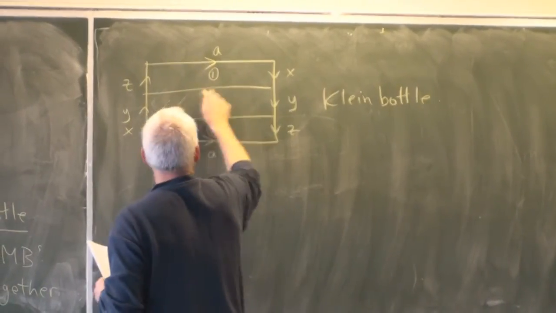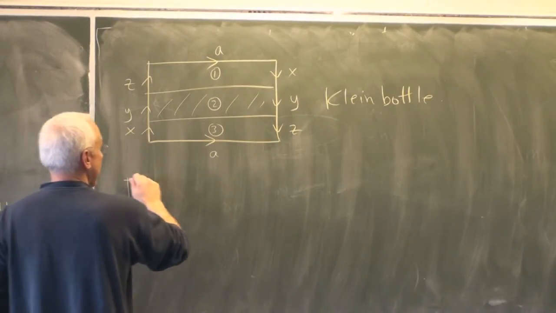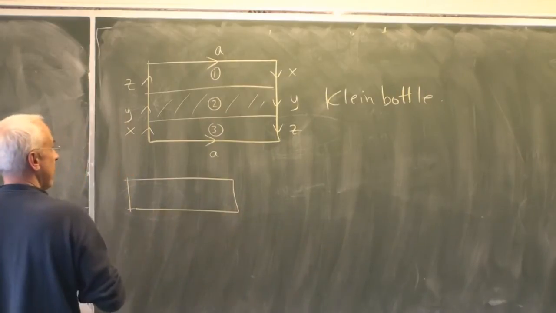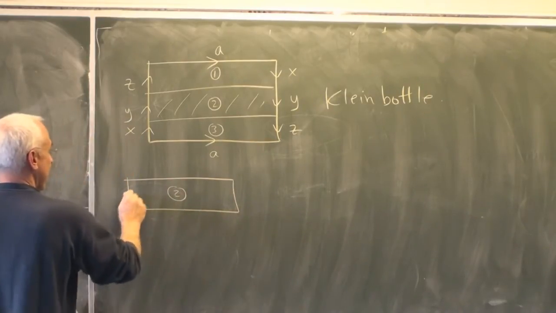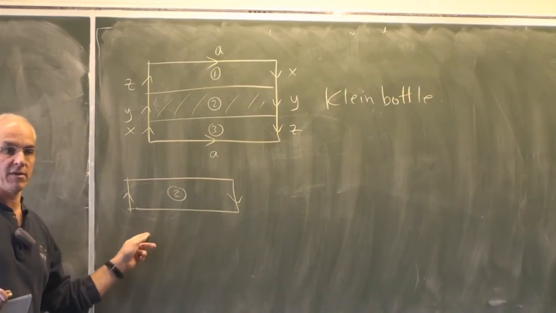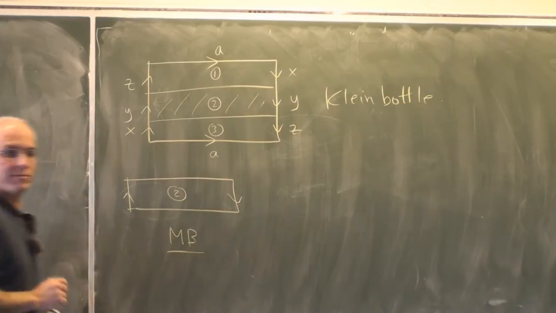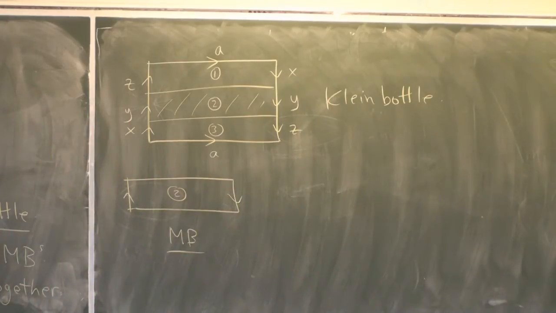And now I'm going to remove this piece here. What is that? That piece number 2 has an identification there and there, but these edges are just free. So that's a Mobius band. Okay, what about 1 and 3?